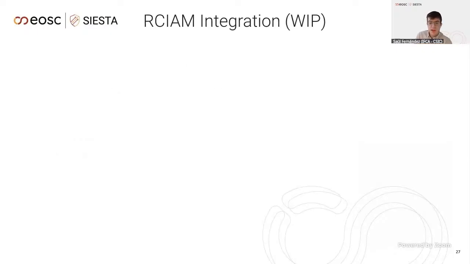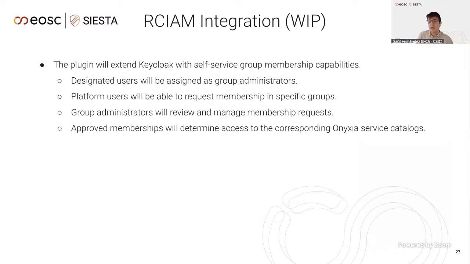About Keycloak, we are also working on an RDCM integration. What is this? This is basically a plugin whose idea is to extend the Keycloak functionality with self-service group membership capabilities.